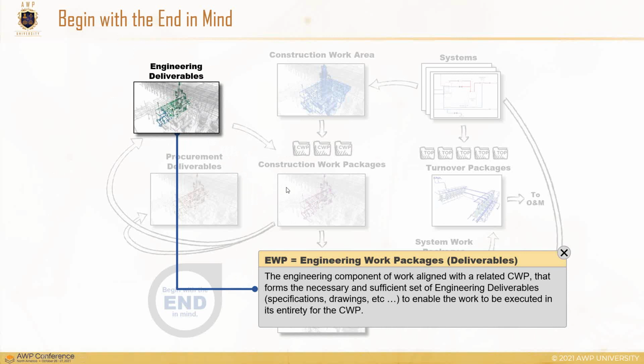They're never a one-to-one, just because of the multiple different uses for individual drawings, such as ISOs that are used by multiple different trades for multiple different purposes outside of just the obvious piping trades, such as the pipe fitters. But those engineering deliverables or EWPs have to be tied back and forth to those construction work packages, and what the effects of those deliverables from engineering are going to be on the construction work packages, and when we will have that information to be able to execute.